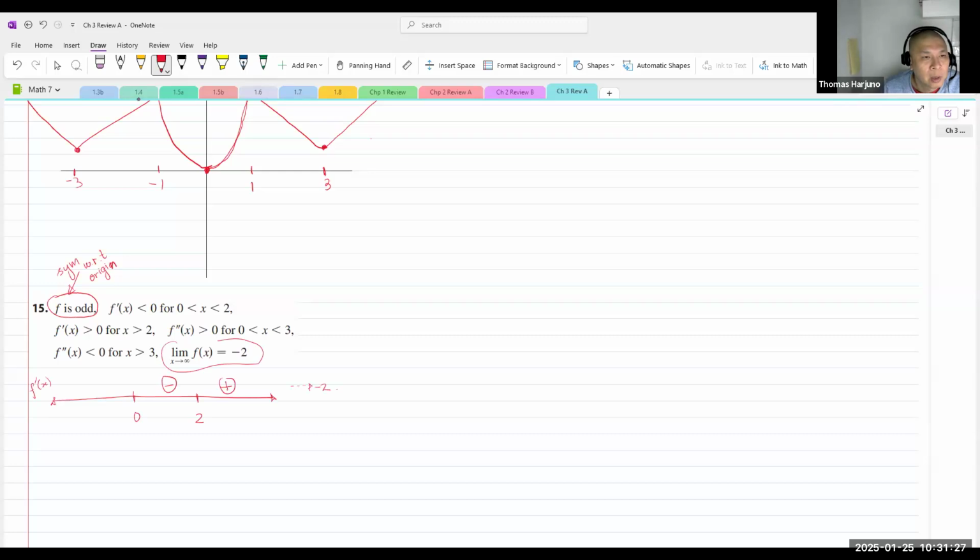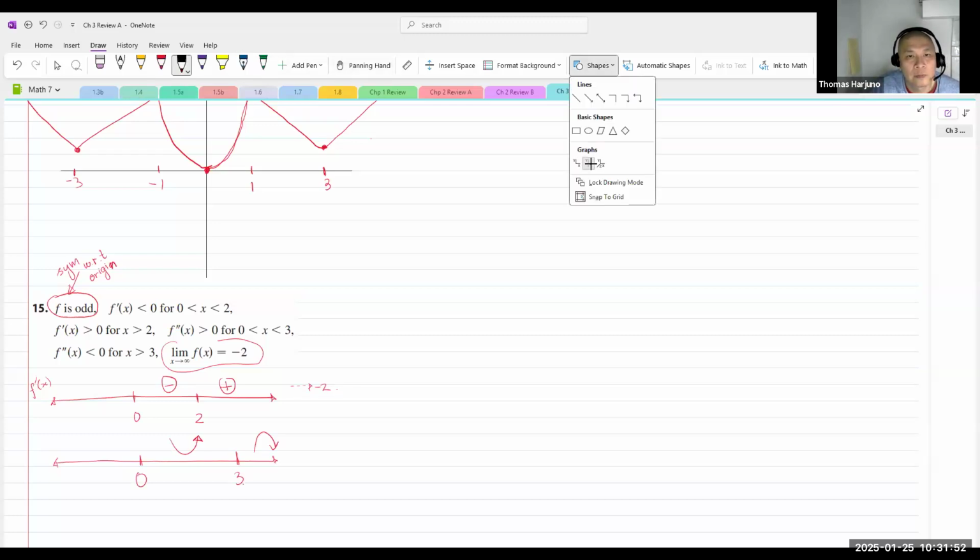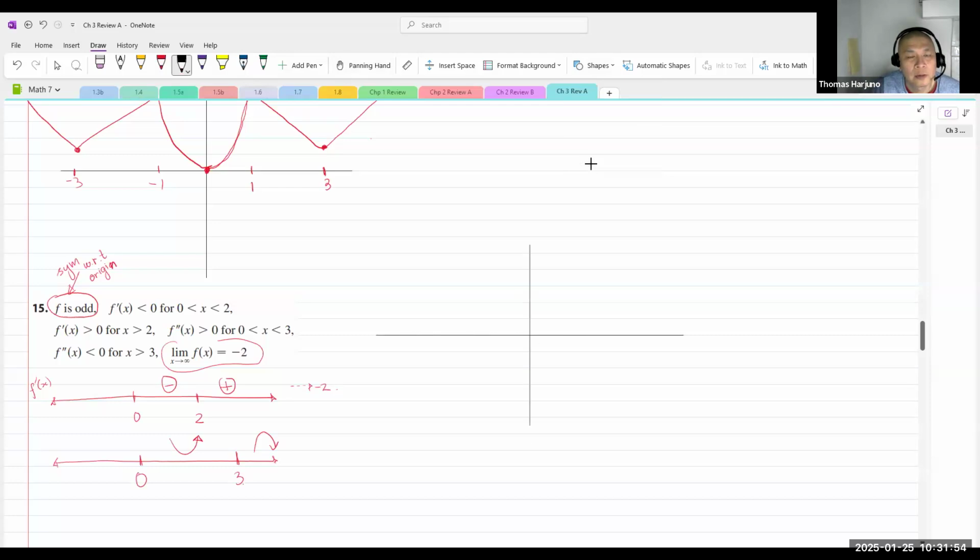Okay, but about the concavity: greater than 3, it's concave down, and between 0 and 3 it is concave up. So let's see what we can expect from the graph here.